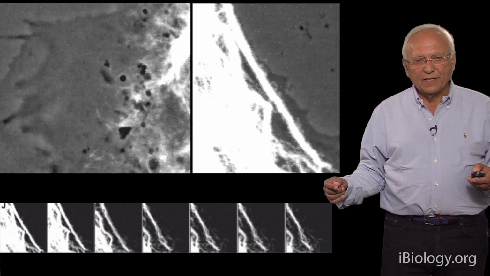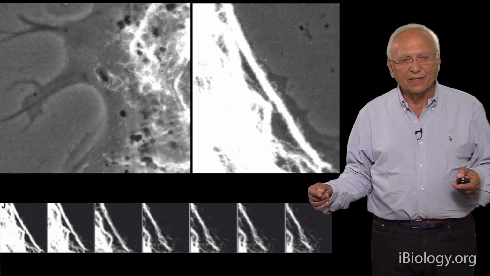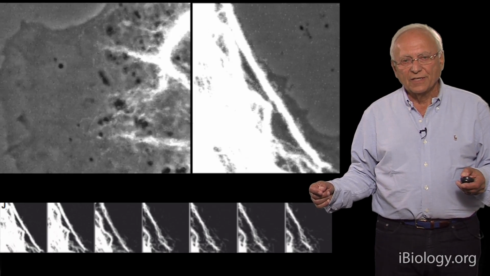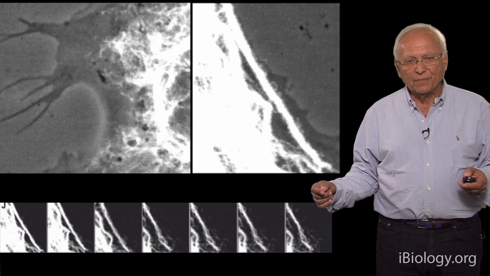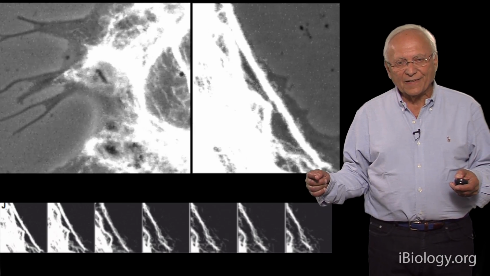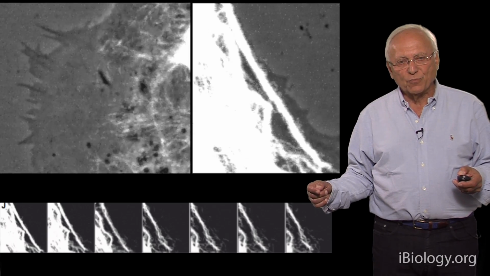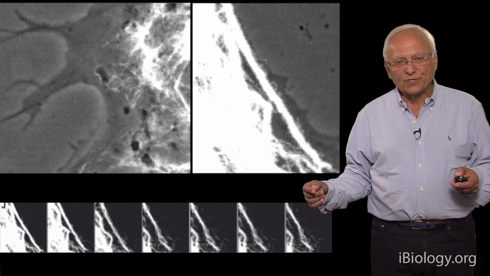On the upper left, we see the result of a local irradiation experiment with Klaus Hahn's PA-RAC1. This cell, if you look beginning now, was serum starved, and then we photoactivated that small region which you see in the movie.